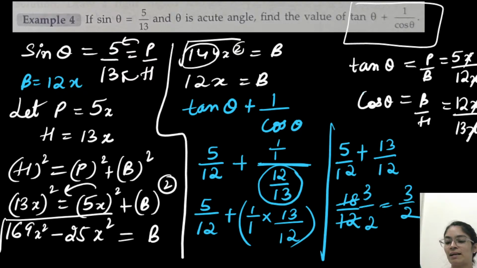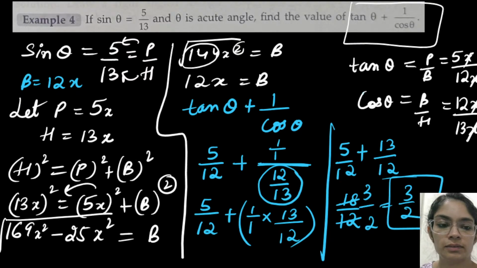Everyone gave it in this form, 18 by 12. You have to do cancellation and simplify, and solve it till this step. Let's do the next question now. Whenever cancellation is possible, you have to do it.